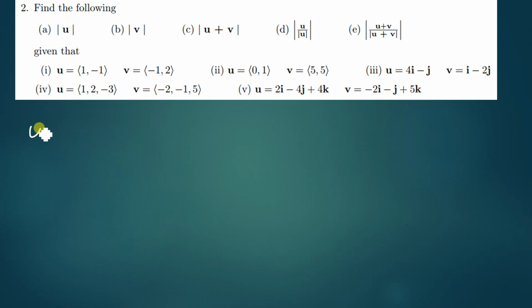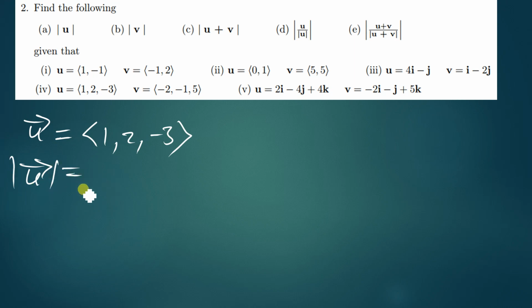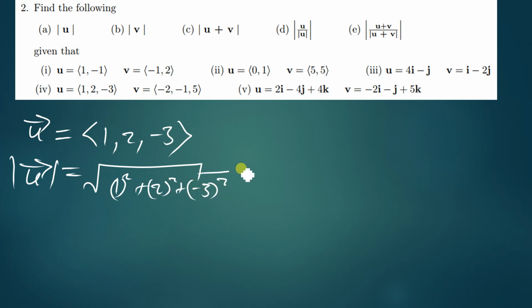Alright, so let's quickly move on to the one that is in 3D. So we have this u which is in 3D of 1, 2, -3. So the vector u is equal to that. The magnitude of this vector u is given by 1 squared plus 2 squared plus -3 squared.